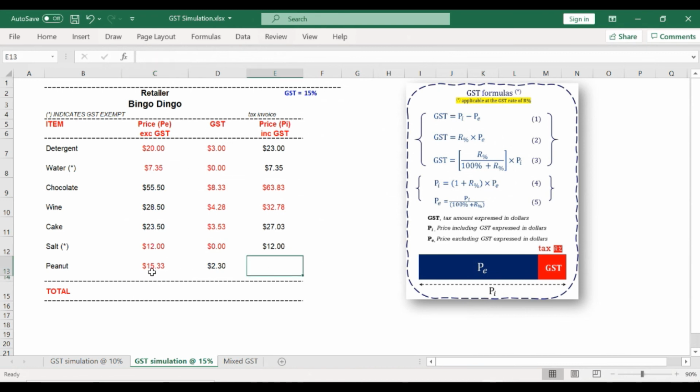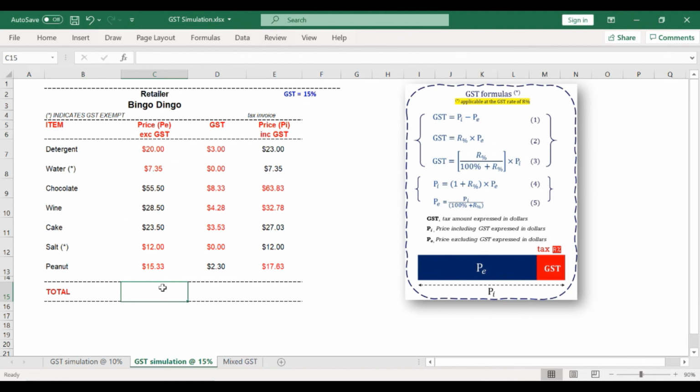Now, since I have more information, I can use equation number 4 to calculate the price including GST, which is really equal to 1 plus the rate, and then we times it by the price excluding GST. And we get $17.63.